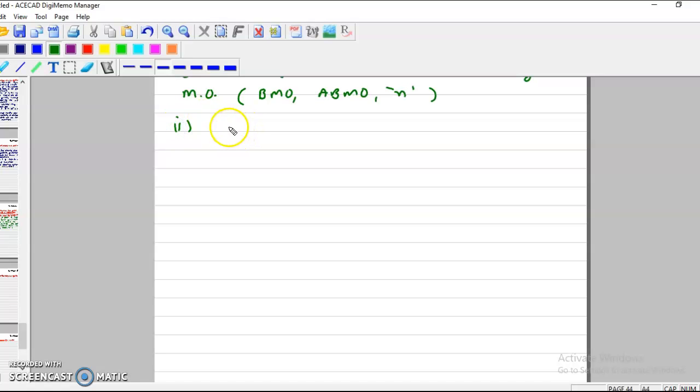The first one is called allowed transitions, or smooth transition.